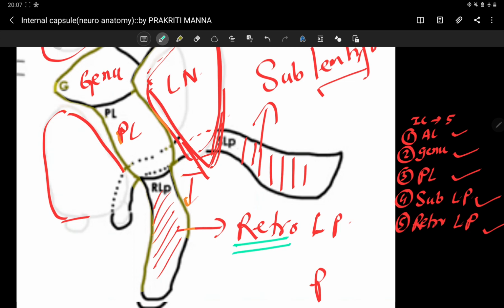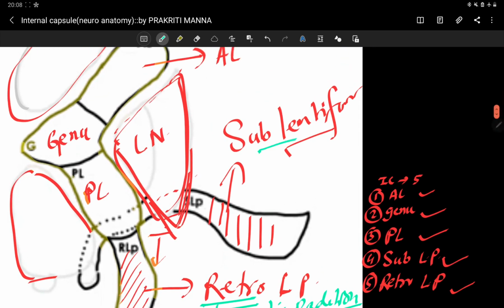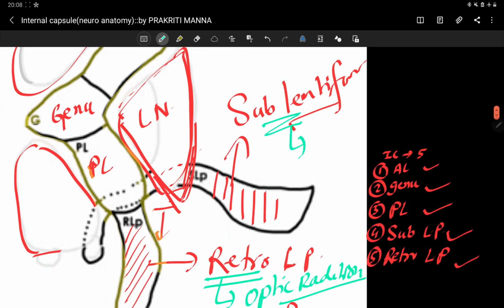Your retrolentiform part is carrying the optic radiation. Retrolentiform fibers are optic radiations, also called your geniculocalcarine fibers. And the fibers passing through the sublentiform area of the internal capsule are also called your auditory radiations.